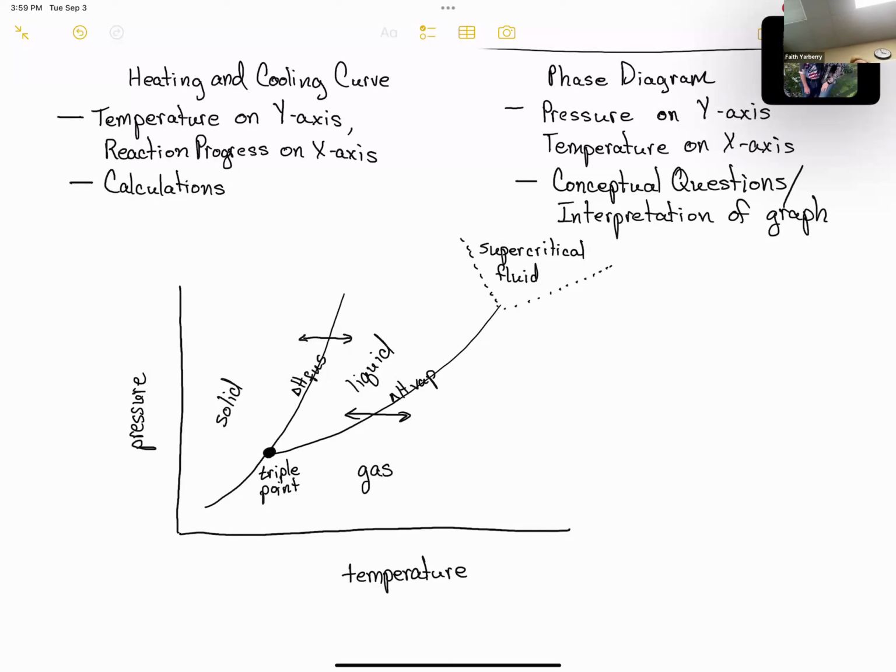So we know that a solid into a liquid is, I'm sorry, no, it is melting.